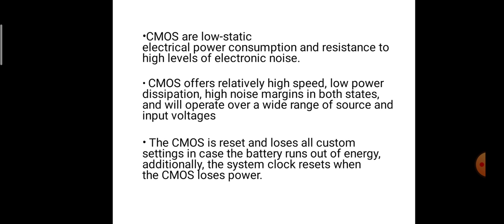The CMOS is reset and loses all custom settings in case the battery runs out of energy. Additionally, the system clock resets when the CMOS loses power.